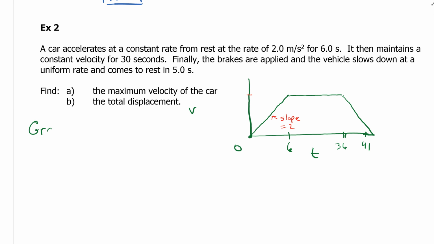Okay, so for this question here, I'm going to be doing a graphical solution, and then I'll just talk about the formula one because I want to keep it a little bit shorter. So for the graphical solution, I guess the first part is what's the maximum velocity of the car? So in other words, what's this velocity right there? So let's think about that little piece at the beginning. We have to kind of do this in separate chunks: this first chunk is constant acceleration, then constant velocity, then constant acceleration again, because here the VT graph is changing, here it's constant, here it's changing again.